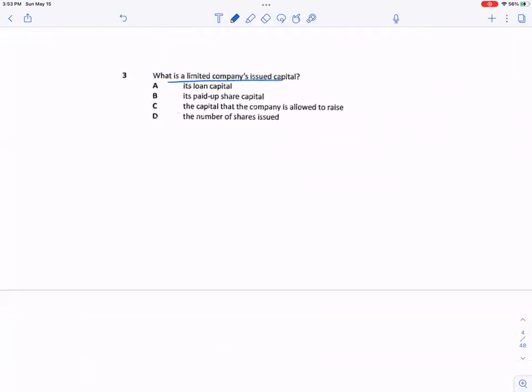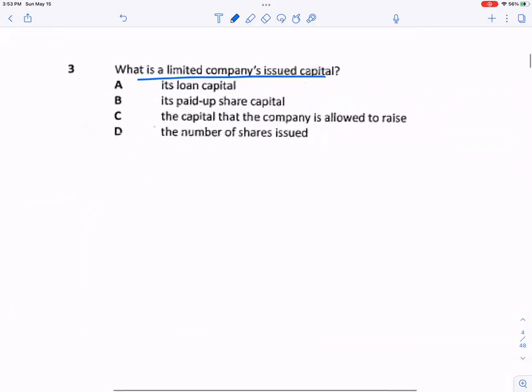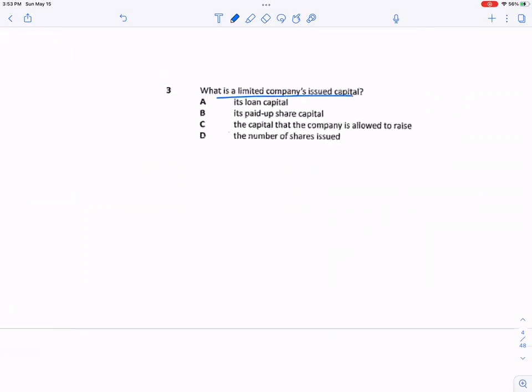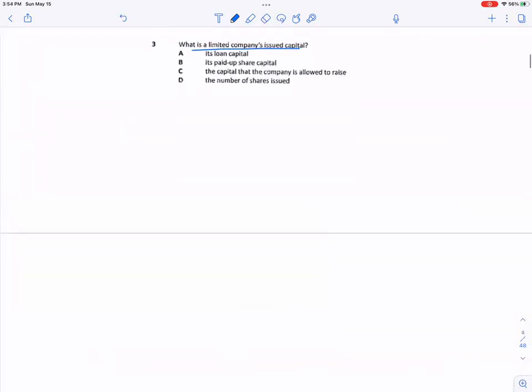Answer this. What is a limited company's issued capital? D is the answer, the number of shares issued.